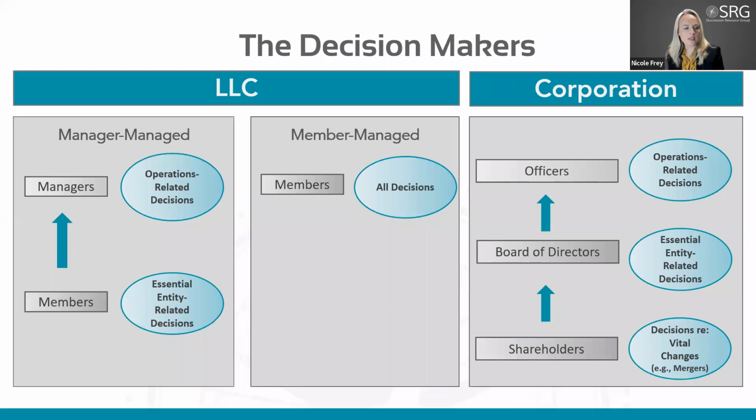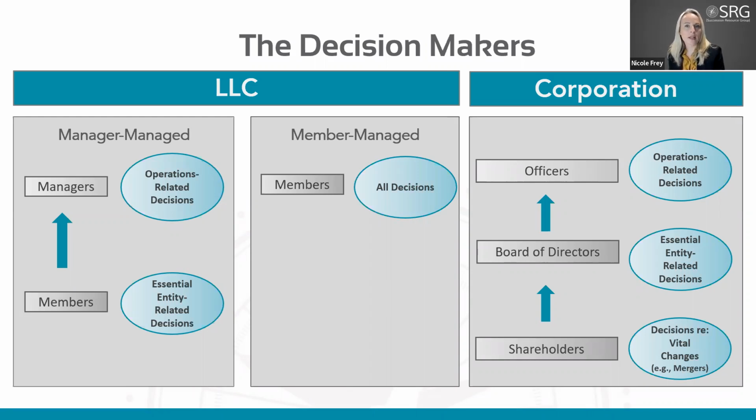In an LLC, you are more flexible, and I put the most common structures here. The easiest one is the member managed LLC, where all of the members come together and make all of the decisions, provided the members have voting rights. So I will talk about that here on the next slide. So those decisions might require different percentages of approval.